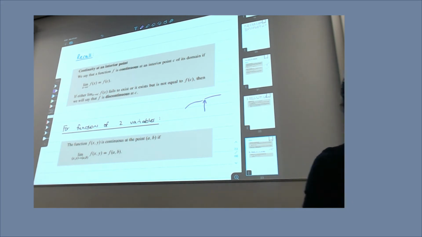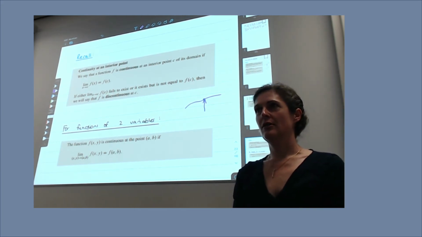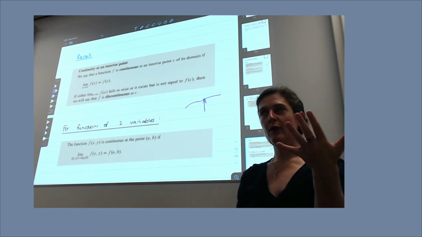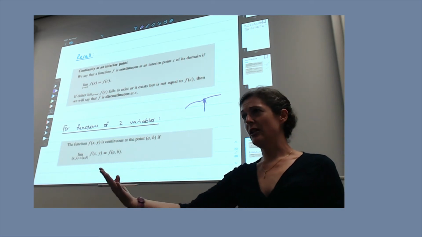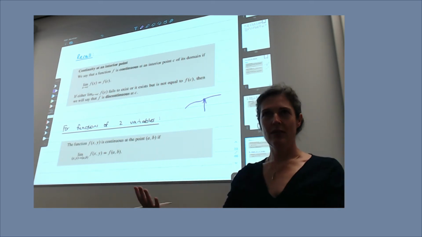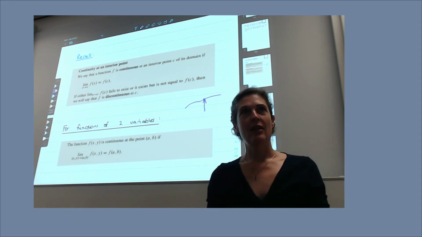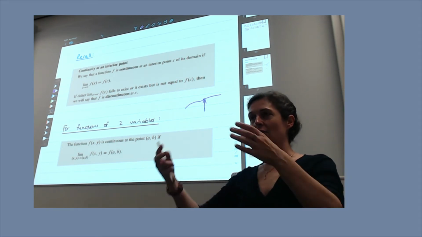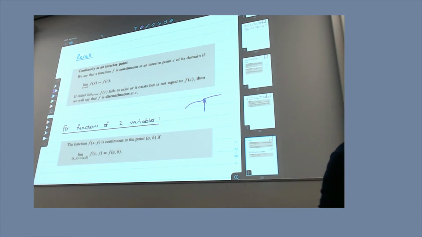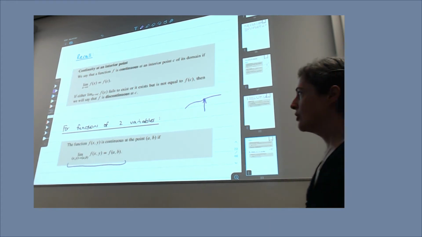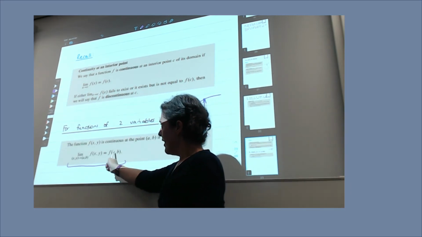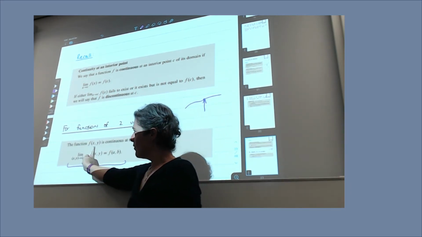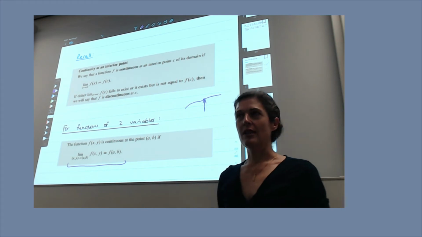Continuity says, well, if my function actually does do that, then my function is continuous. So if the limit, what I think my function should do, and what my function actually does are the same, then I'm continuous. And you apply exactly the same thing to a surface. So we've extended this idea to continuity, which is saying, if my function actually does what I think it should do, then it's continuous at that point.